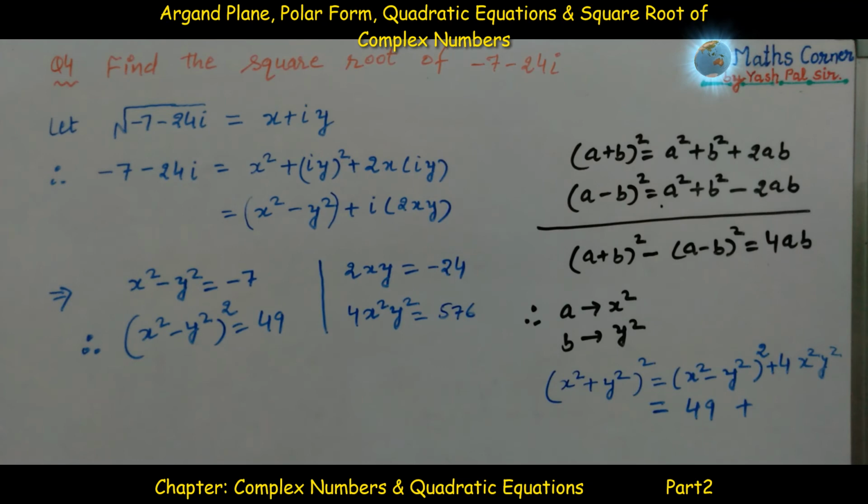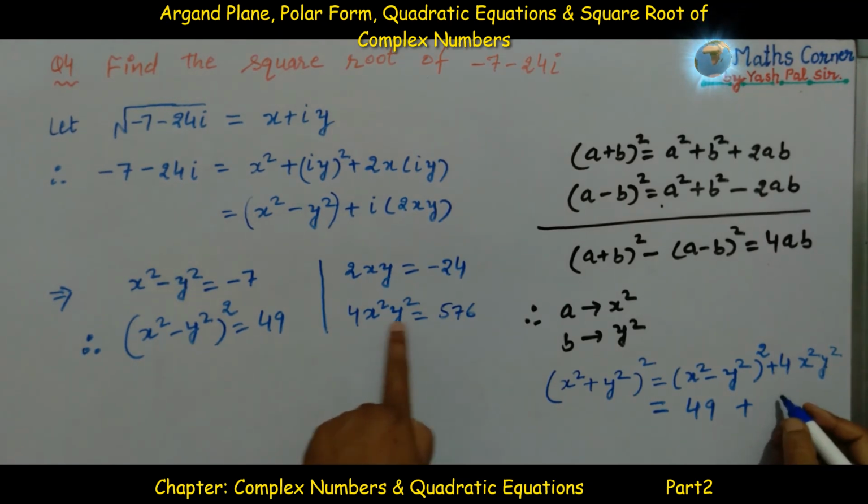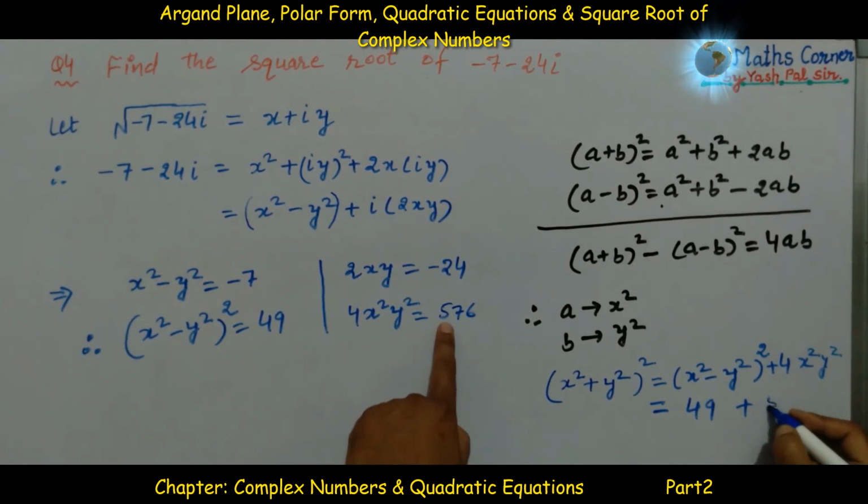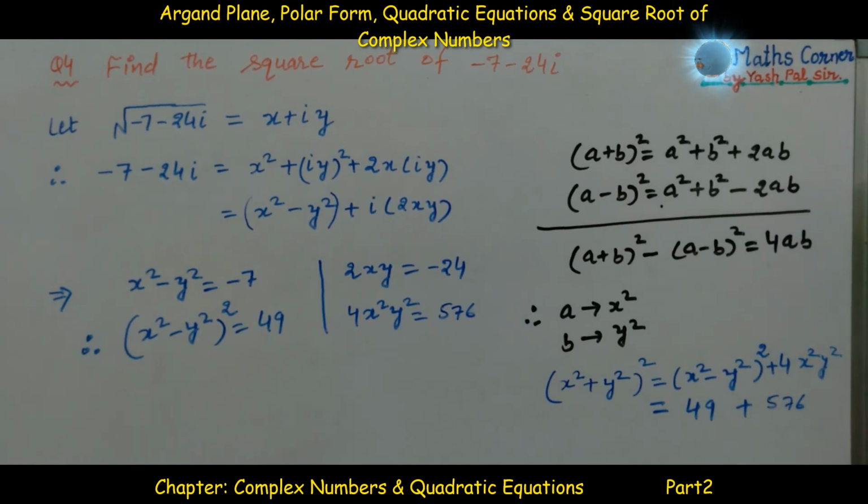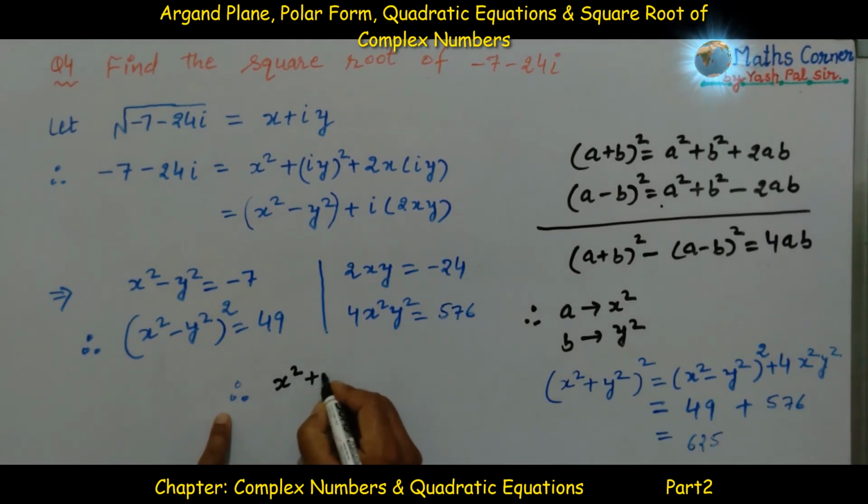So we substitute this value of 4x square y square, which is 576. Now adding, the result is 625. So we conclude that x square plus y square whole square is 625. Taking the square root of both sides, x square plus y square is 25.